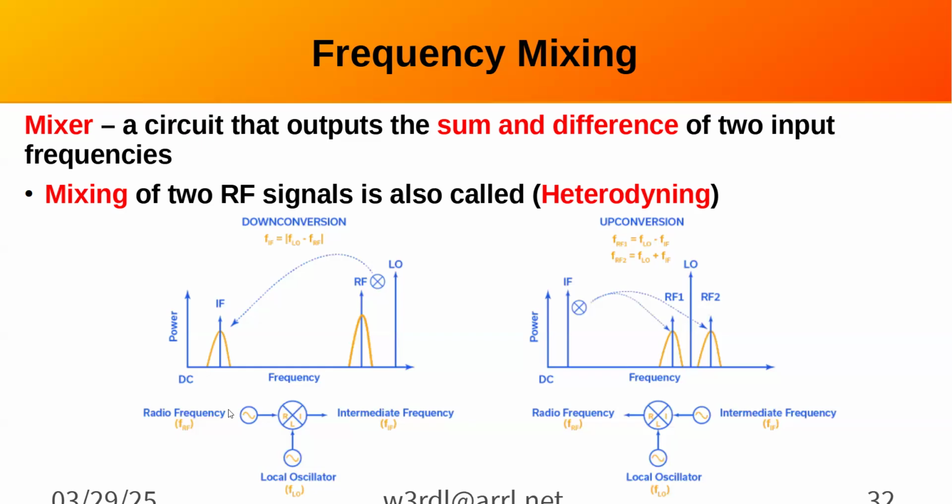In the down conversion, we have our RF signal coming into the mixer and the local oscillator, and we're going to get out an intermediate frequency, which in most cases is going to be a lower frequency than the RF coming in, so that you can operate on it easier. Wouldn't make a lot of sense to make it higher.